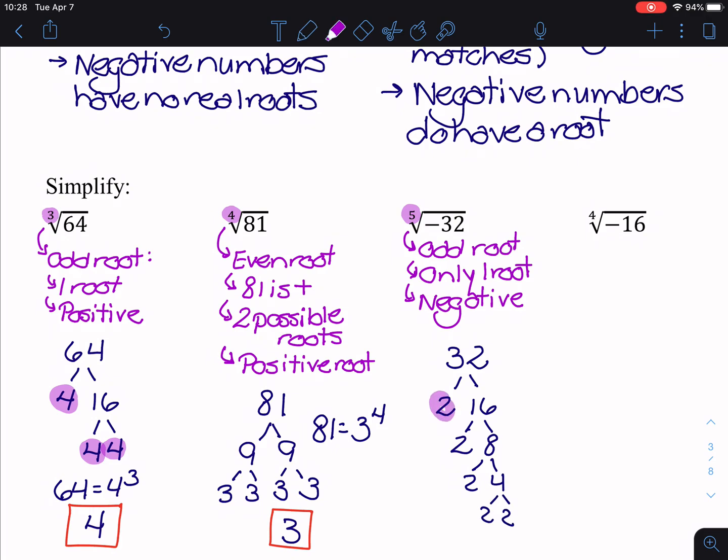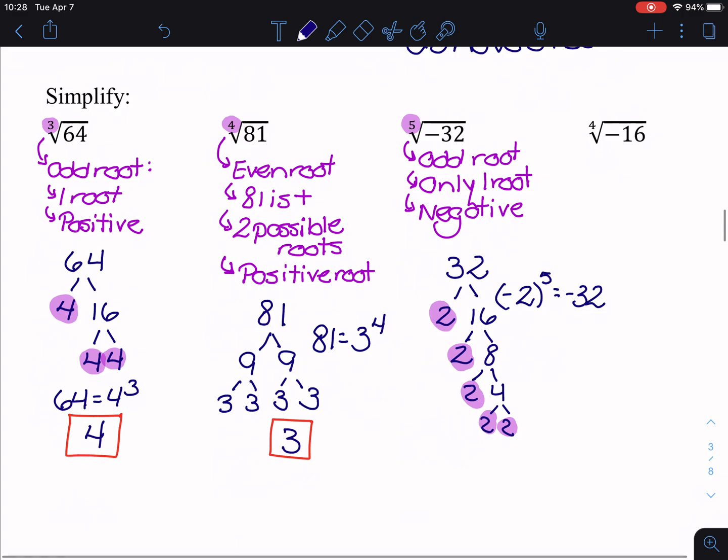Notice I've got 1, 2, 3, 4, 5 twos. So I know that negative 2 to the 5th power is going to equal negative 32. My answer for this one is negative 2.